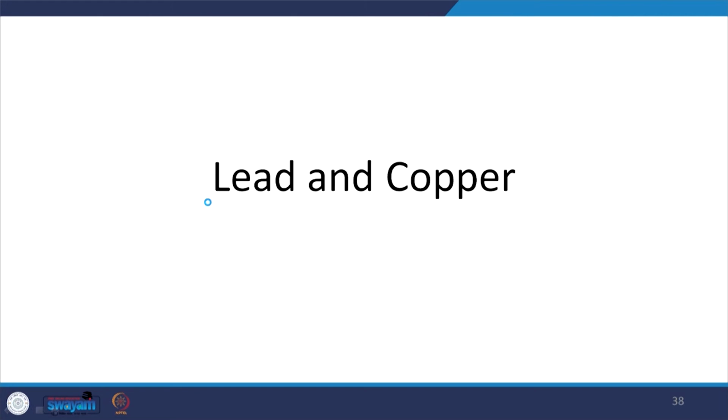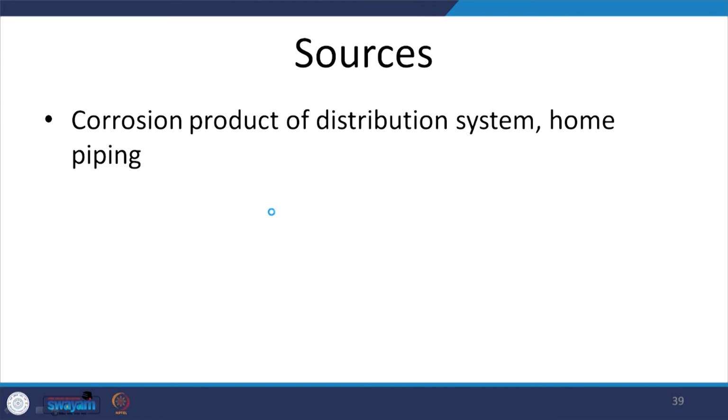So lead and copper are of greater concern in the US, because earlier they used to have lead or copper pipelines. So, corrosion product of the distribution system: water can have an oxidizing capacity, and it can lead to corrosion of your pipeline.